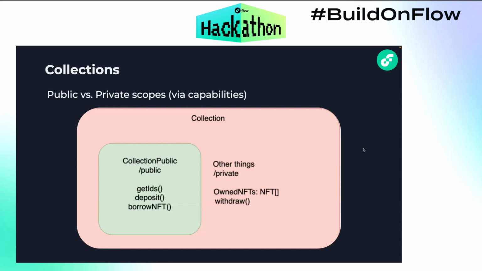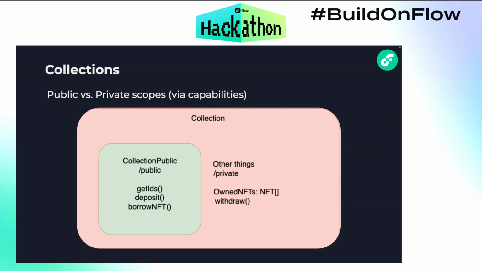And then there are other things that are stored in private storage that are part of the collection, which includes things like the withdraw function, where only you, the owner, should be able to withdraw the NFT out from your collection and send it out to somebody else. And it also includes all the actual NFT resources itself. So a resource within it can contain other resources. So your account storage has the collection resource.